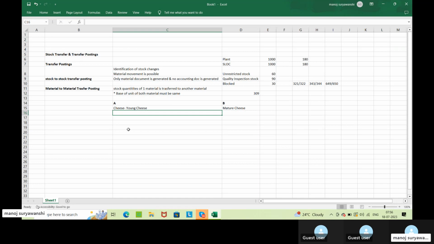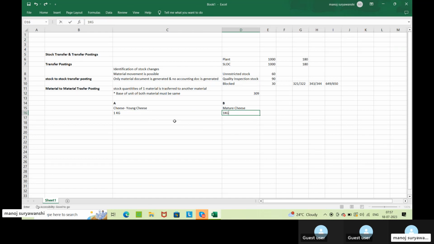After some processing on ink cheese, suppose it's a block of 1 kg. 1 kg चीज का ब्लॉक है, उस पे आपने कुछ टेम्परेचर का प्रोसेसिंग प्रोडक्शन लाइन पे किया होगा. ठीक है. उसके बाद ये सेम ink cheese is converted into mature cheese. ink cheese का ही कन्वर्जन mature cheese में होता है, राइट. तो ये 1 kg ink cheese को प्रोसेस करने के बाद mature cheese 1 kg बनता है.